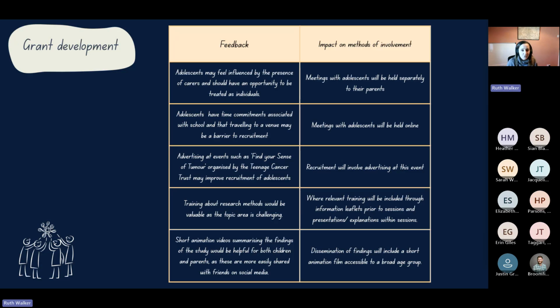For example, holding separate meetings to their parents, because they might feel influenced by the presence of parents or carers, and holding the meetings online because of commitments with school. It might be more difficult for them to travel, particularly during the working week.